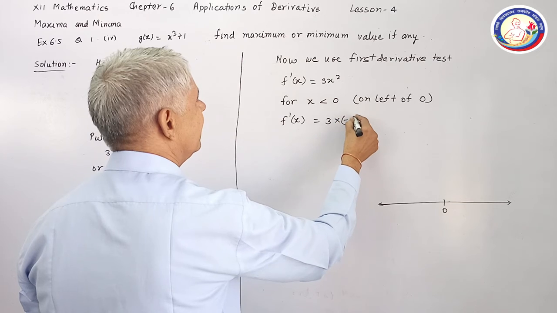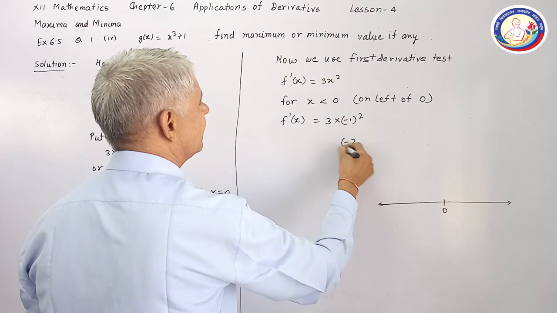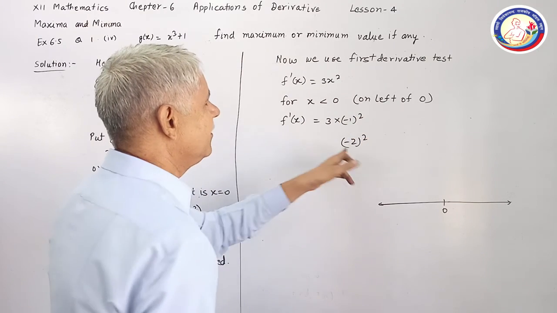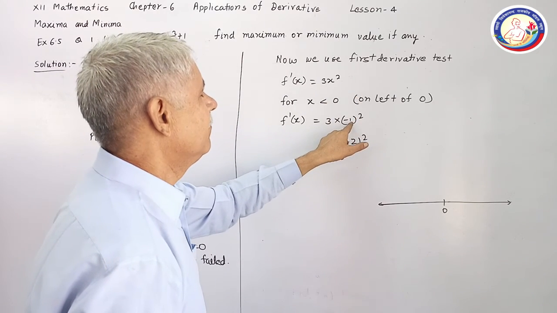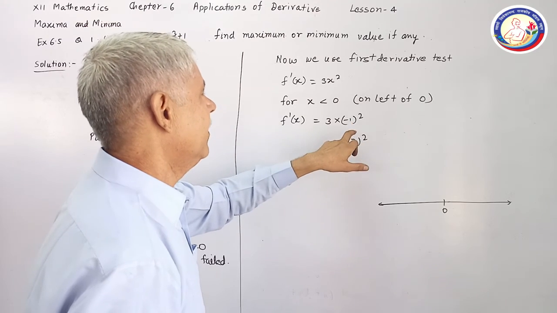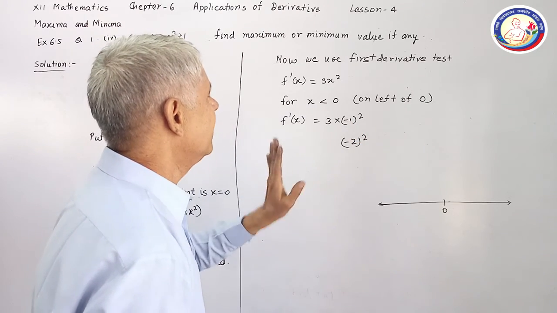Just say minus 1 square or minus 2 square, minus 3 square, whatever may be the value, or just near to this point, minus half, minus 1/4, whatever you may take.